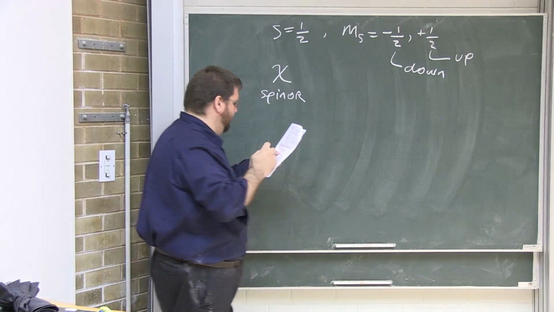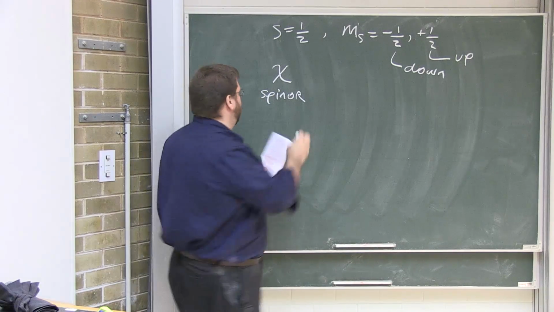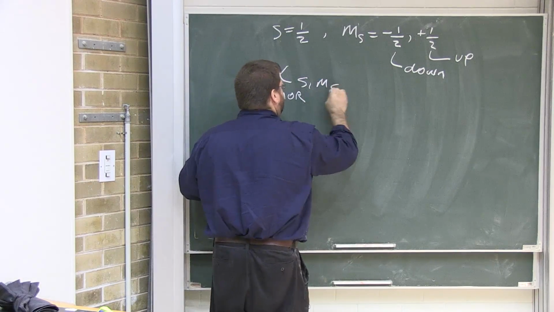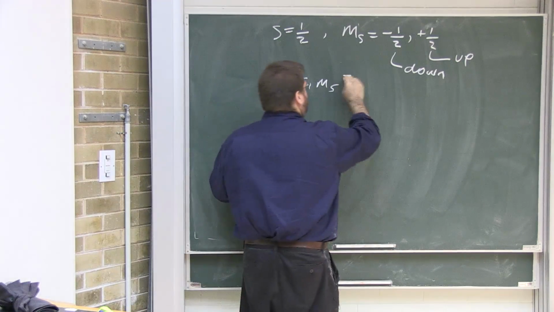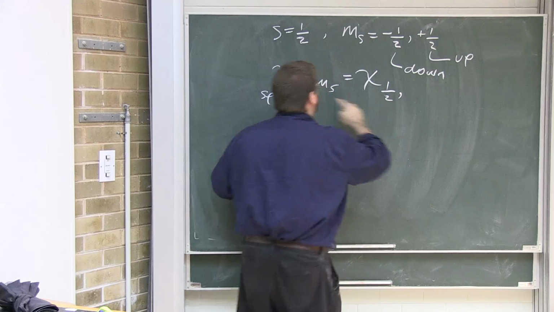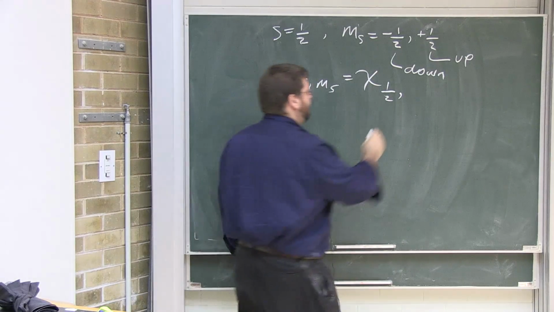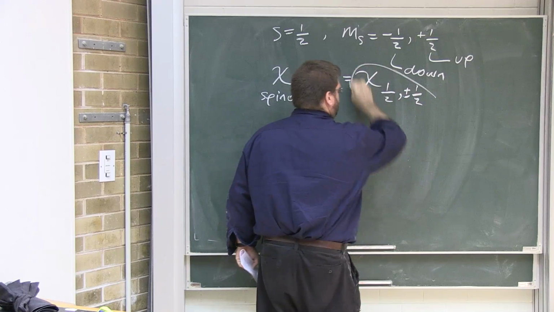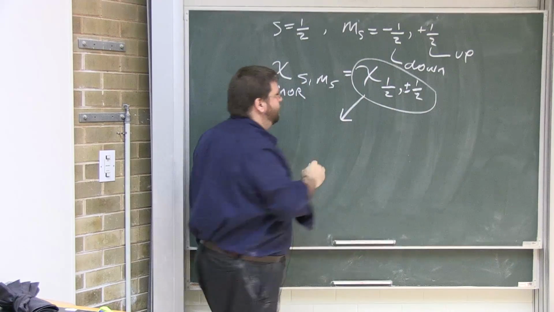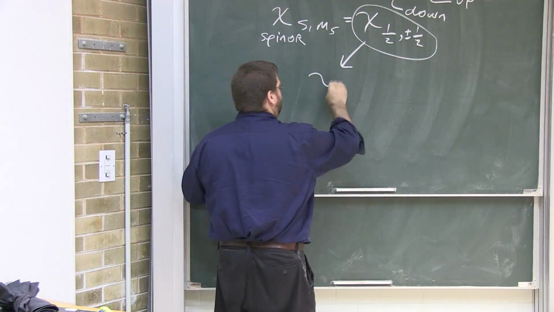Anyway, we have these spinors. There's two of them, with spin quantum number and projection. The s here is a half, and the m_s is plus or minus a half. So we've got two of these. And these two allowed spin states for a spin-half particle we're going to call up and down respectively.